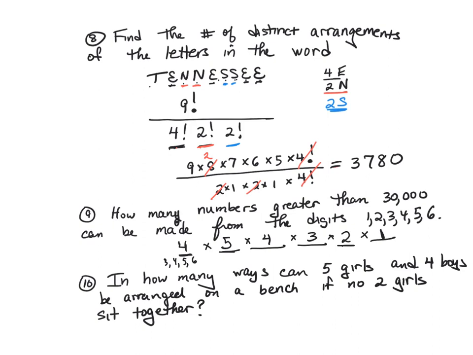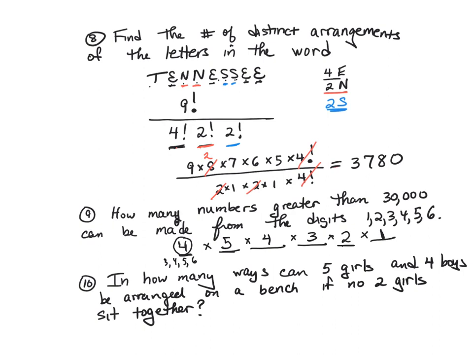The restriction was the first digit. First fill the restrictions, then consider how many are left.